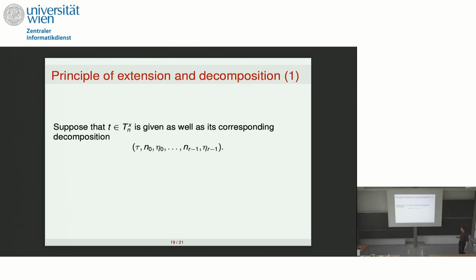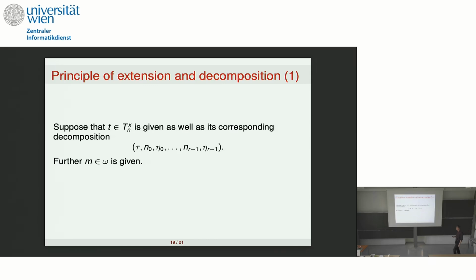Okay, so now suppose that we are in the process of the construction of T_X n, and we have already constructed t, which is in T_X n, together with the corresponding decomposition, which, as I tried to explain, speaks about the corresponding jump of sequences extending t.